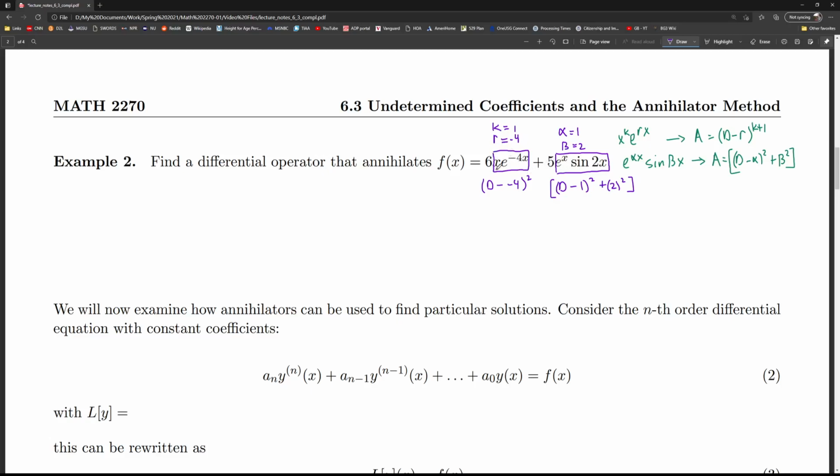But then you already have a 0, and then you apply this, and that will make the second part go to 0. So the annihilator is just the product of those two differential operators. So that's (D plus 4) squared, multiplied by (D minus 1) squared plus 4.